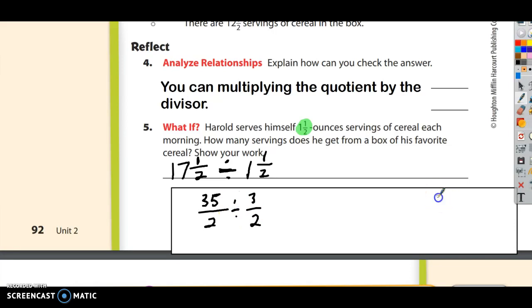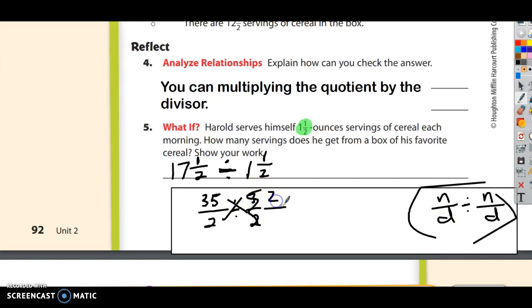Now that I have my structure, remember we want a numerator, a denominator, a numerator, and a denominator. If we have that, we're good, and we do. So now I'm going to multiply by the reciprocal.